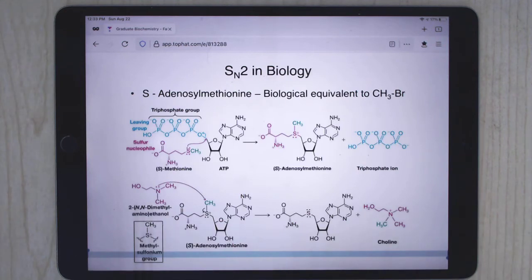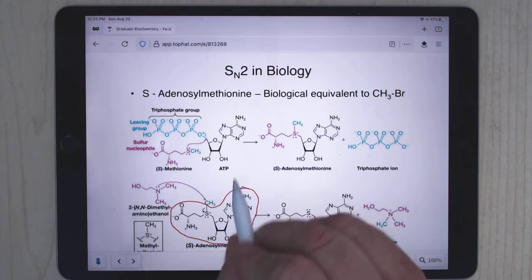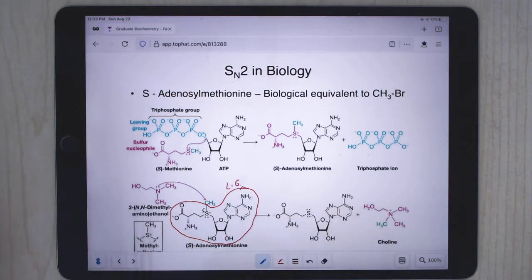Now for SN2, biology uses this all the time. One of the best ways I've seen to do it is to use S-adenosylmethionine. This part of this fancy looking molecule is simply a leaving group. It's the equivalent of a bromine.